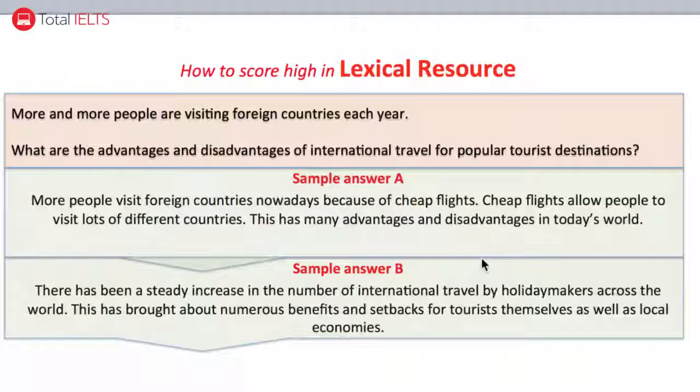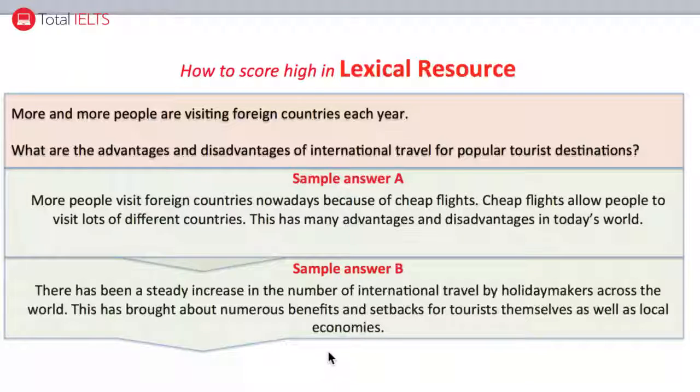The candidate also repeats words. So we have because of cheap flights, and then they start the sentence again with cheap flights. So it doesn't show a range of vocabulary. So this particular student would score quite low in lexical resource.